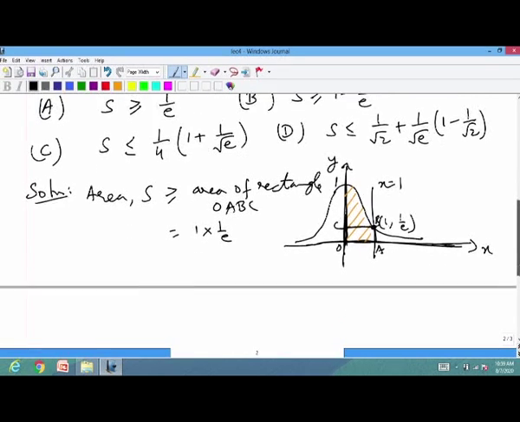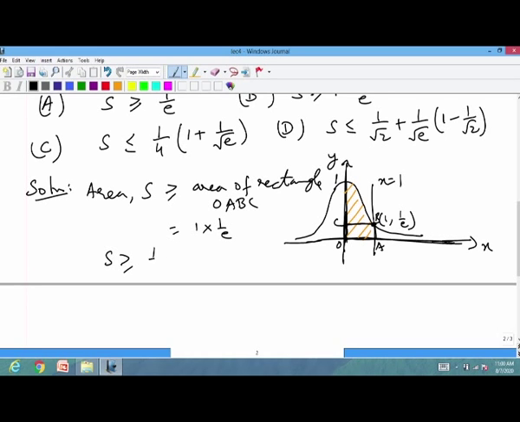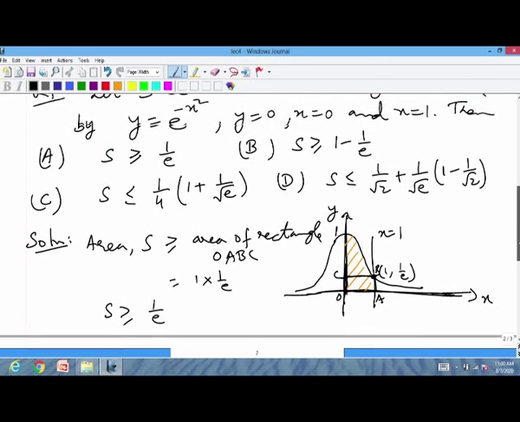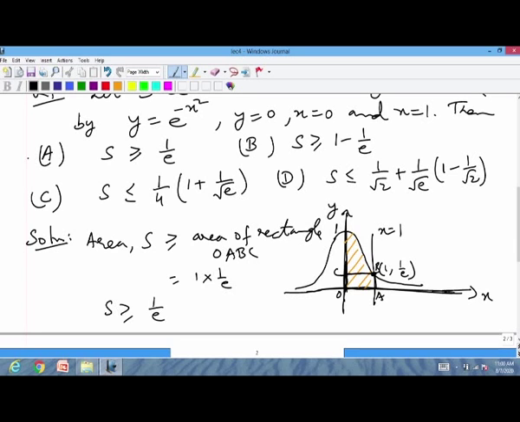So, S is bigger than or equal to 1 by e is clearly correct. So, option A is correct.